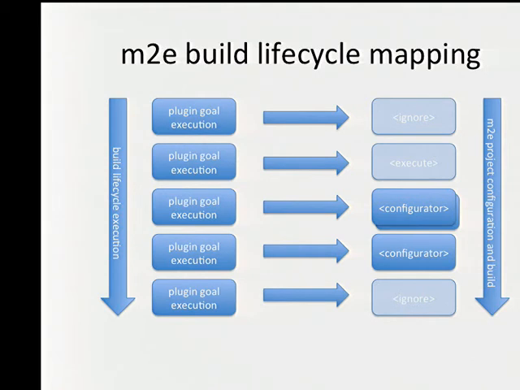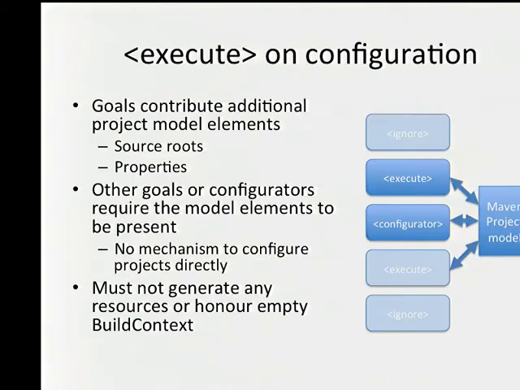And although it isn't, at least it wasn't possible to let Maven plugins participate in project configuration directly in m2e 1.0, in 1.1 we added a possibility for a Maven plugin to indirectly influence project configuration. So the way it works is that plugins get executed as part of what we call the configuration build. And the only thing the plugins are expected to do during this configuration build is add additional elements to the Maven project model.